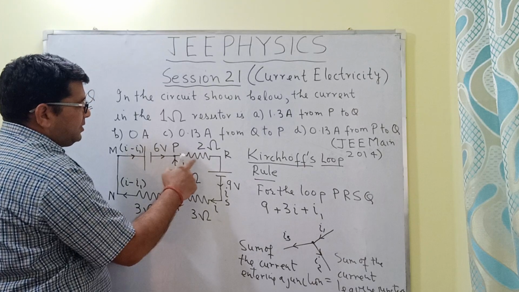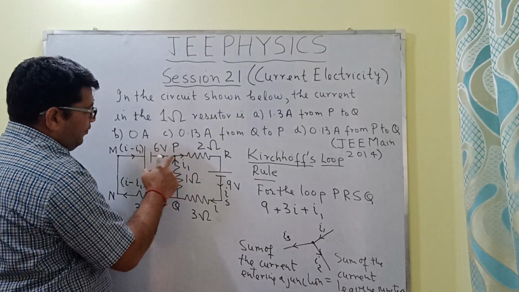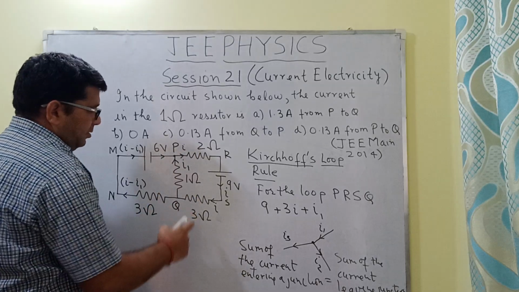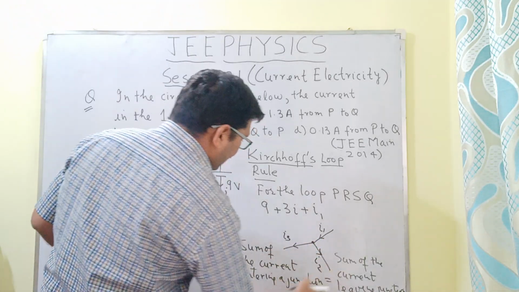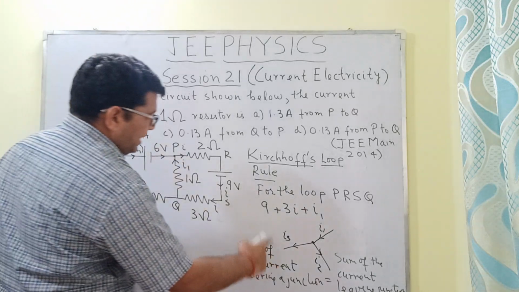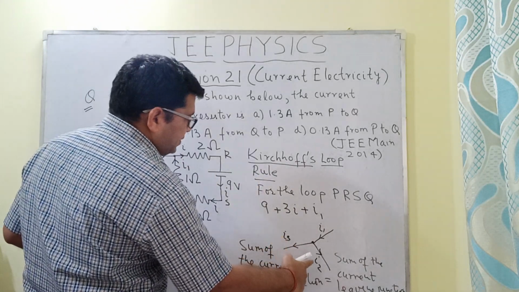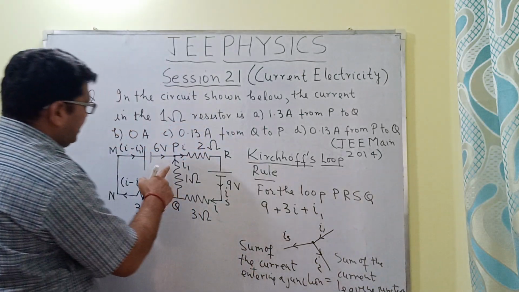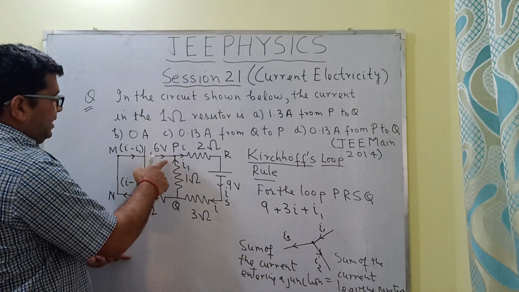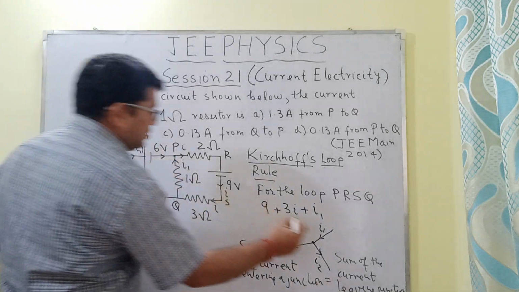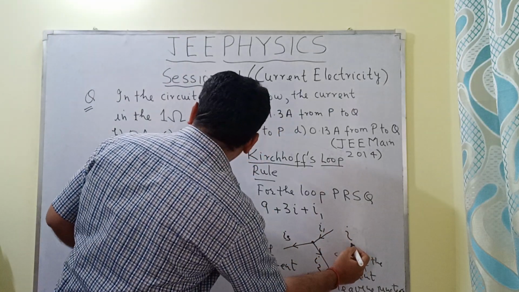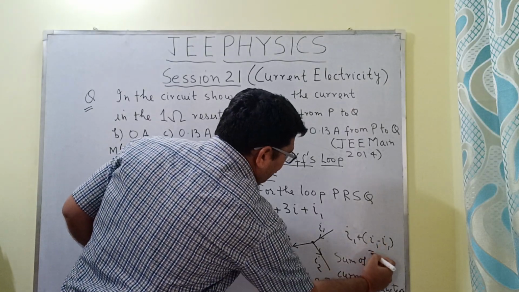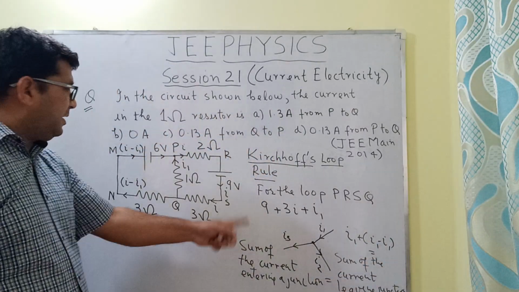I will be getting the current ahead of P as I, because as per Kirchhoff's junction rule, the sum of the current entering a junction is equal to the sum of the current leaving the junction.